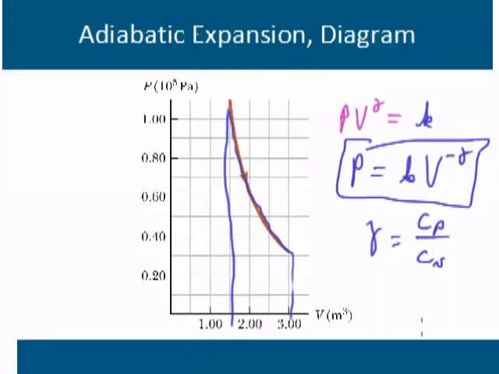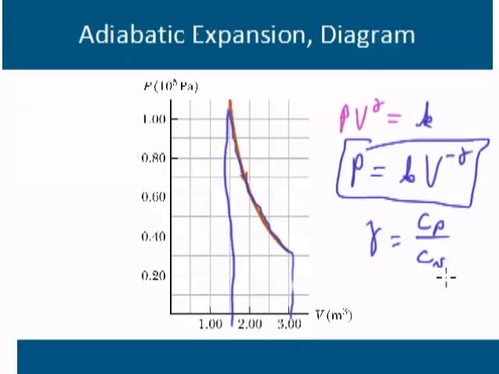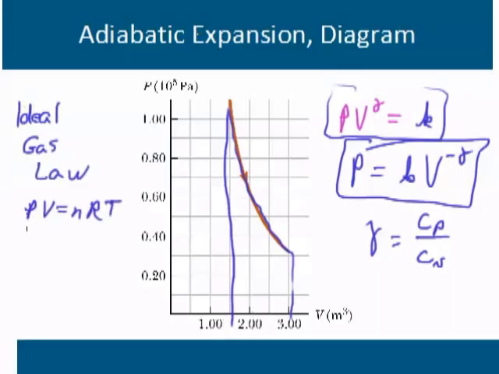Hopefully in the next couple of videos I'll be able to explain exactly what the specific heat at constant pressure is and the specific heat at constant volume is, and why in particular this equation pops out of the ideal gas law and certain assumptions about the behavior of pressure, volume, and temperature when no heat can be exchanged. That is, when no heat can enter or leave the gas.